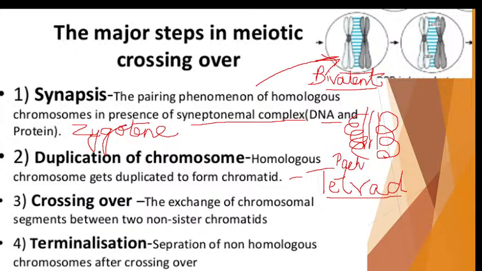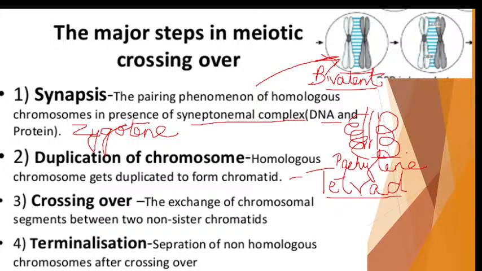This takes place during packaging. Packaging is a stage of meiosis. So, duplication of chromosomes is the second step, and duplication takes place in packaging. And during packaging, the bivalents undergo duplication and form a structure called a tetrad.